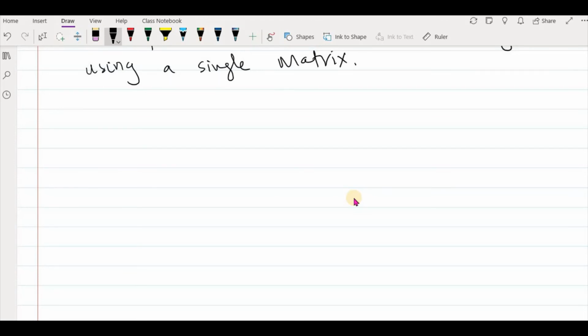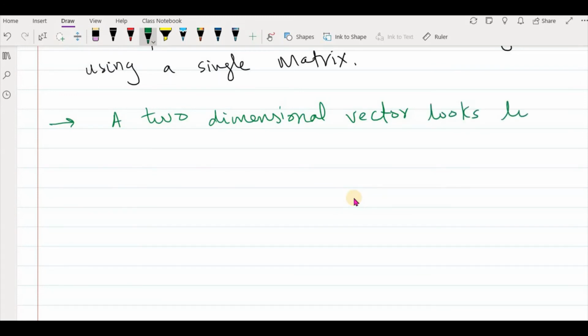Normally we have a two-dimensional vector, and it looks something like this.